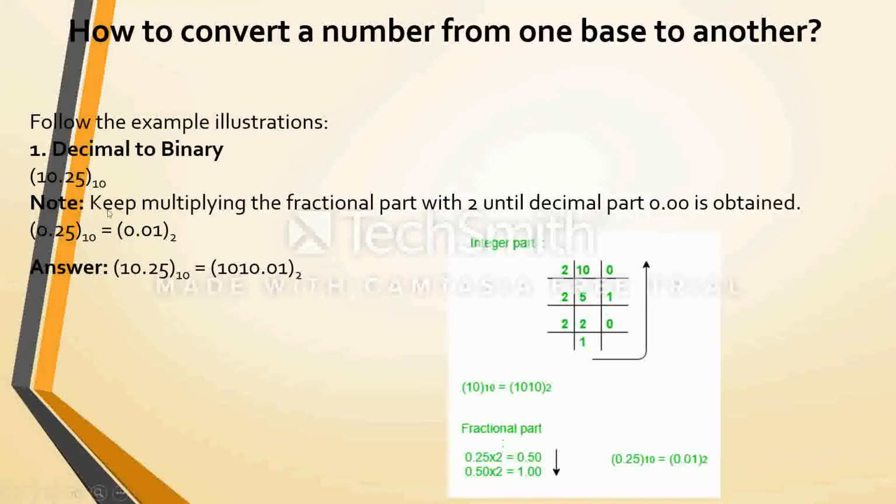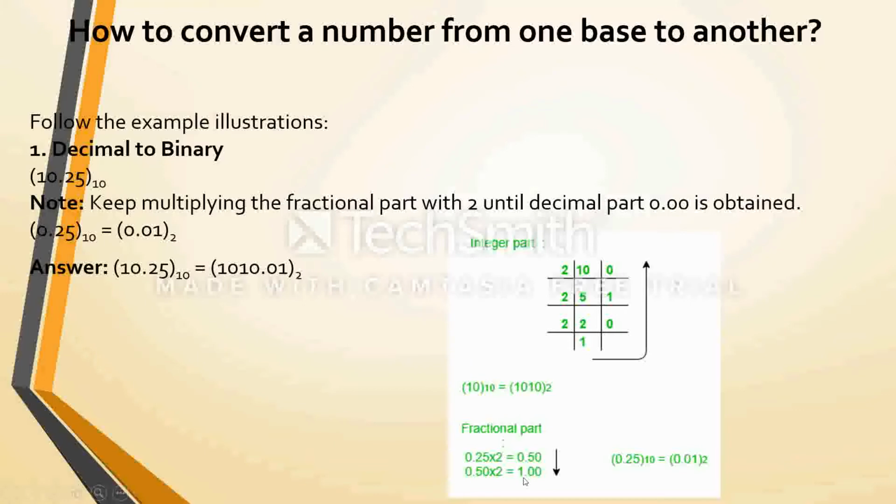So here if we take 10.25, then you have to keep on multiplying the fractional part by 2 till you get the fractional part as 0. Have a look at this. The fractional part is 0.25. 0.25 multiplied by 2 gives 0.5. Then what is remaining here? 0.5. Still I have not obtained 0, so I have to continue multiplying it with 2.